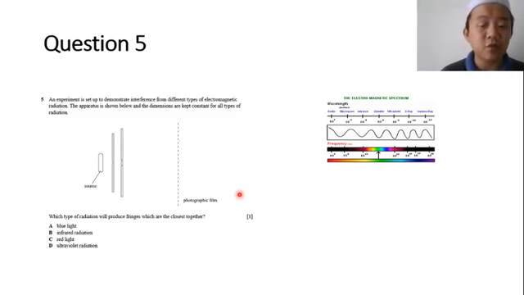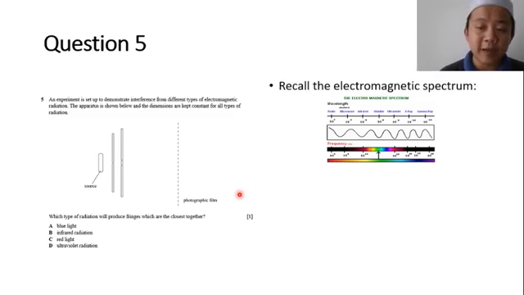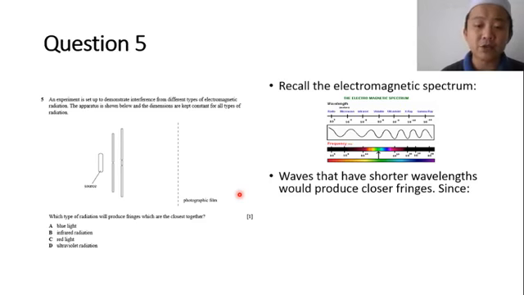You can memorize both, or just one and then convert manually. So recall the electromagnetic spectrum. Waves that have shorter wavelengths would produce closer fringes. Why does this statement say that?